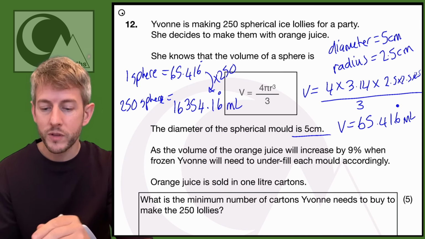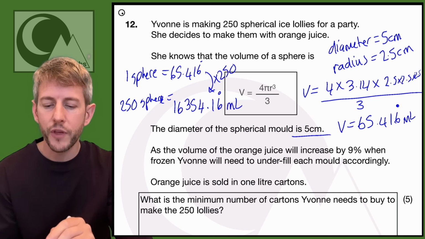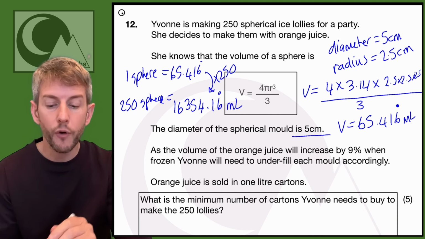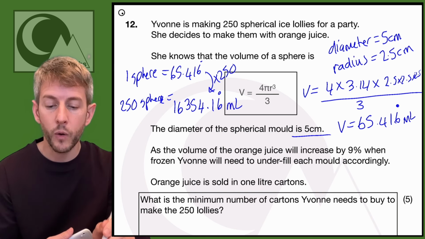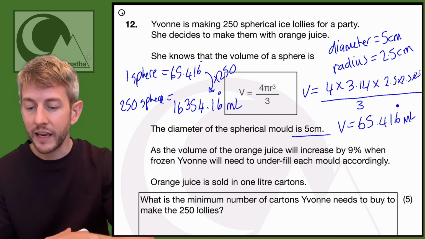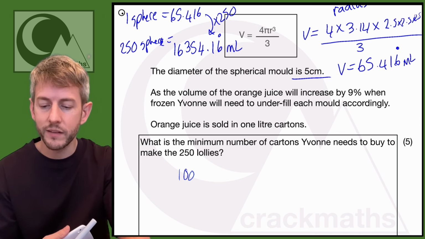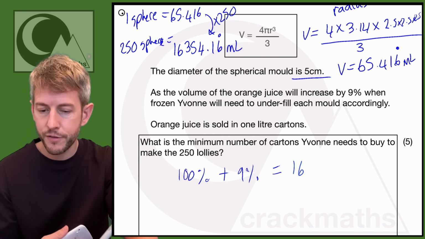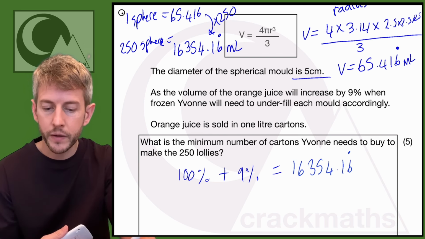Now what we've got to look at is this next bit of information. As the volume of the orange juice will increase by 9% when frozen, Yvonne will need to underfill each of the molds accordingly. So basically, we know that 100% plus 9% has to equal this value that we've got, 16354.16 recurring mil.